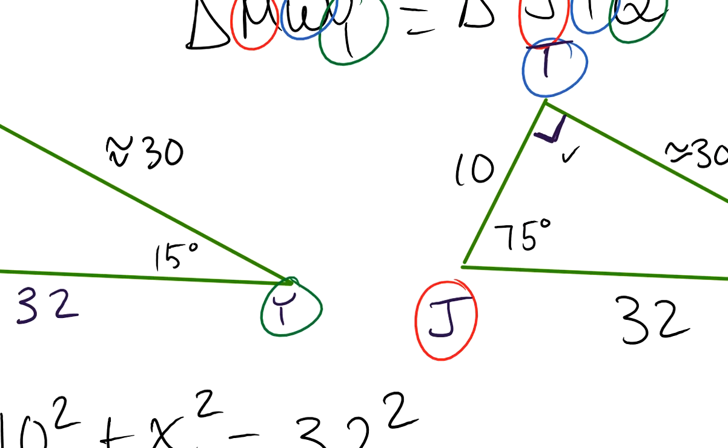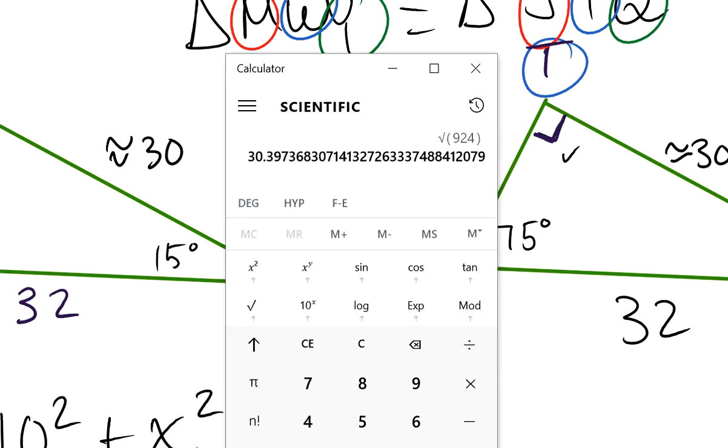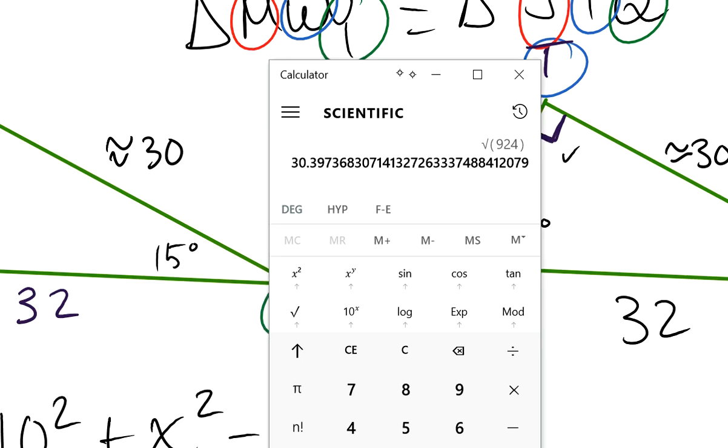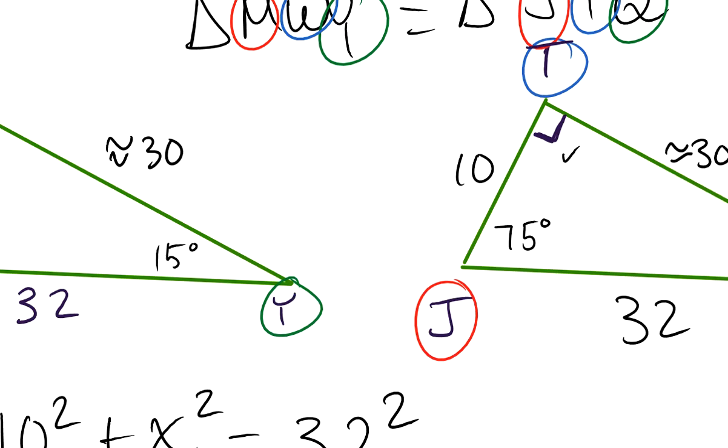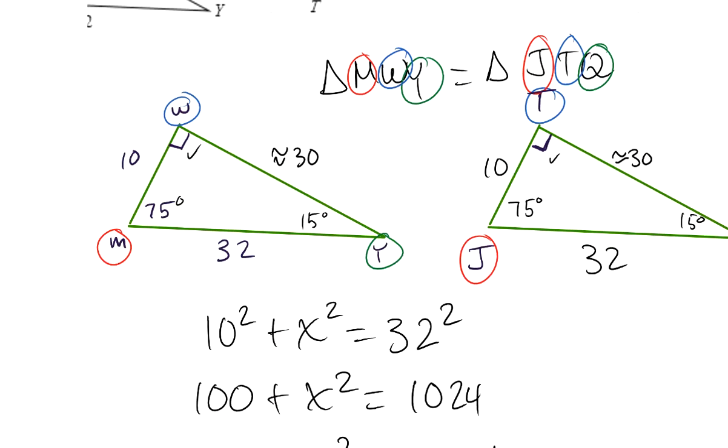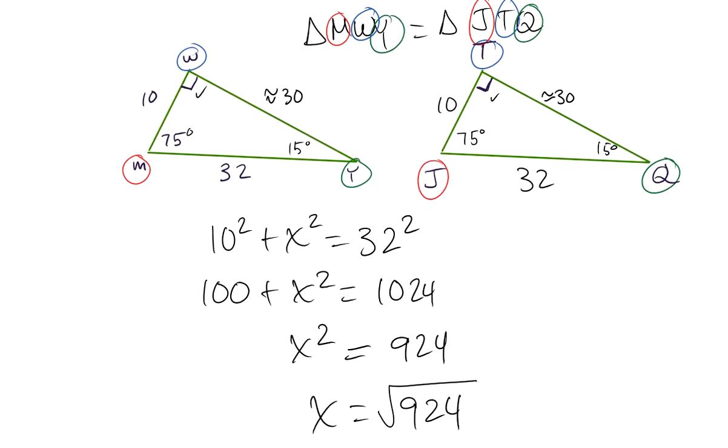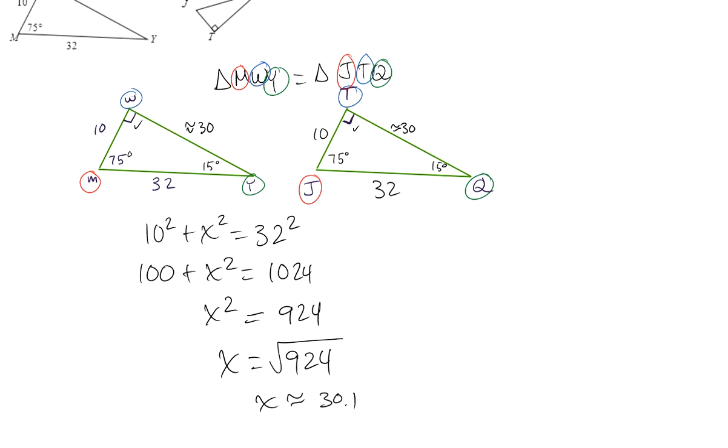In fact, if you look at this calculator display, this is still just an approximation, but it's 30.397368, etc. So that looks like everything. Those are the two congruent triangles, and those are all their parts labeled with their correct measurements.